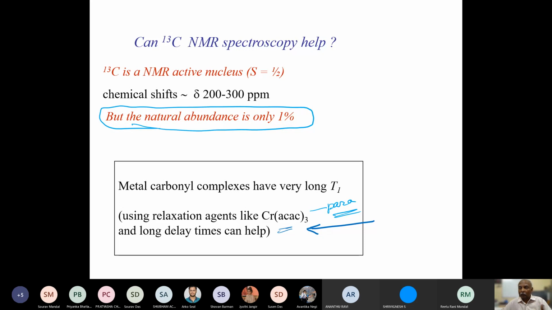But then, if other ligands are interacting with the chromium, those chemical shifts will also be drastically shifted. So this is not a recommended practice, but if I want to observe a metal carbonyl complex and I cannot see it at all, this is a possibility.